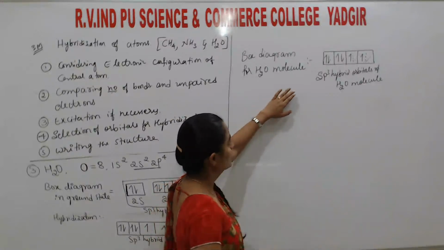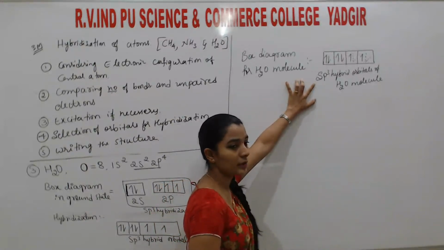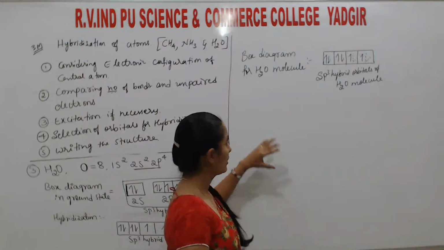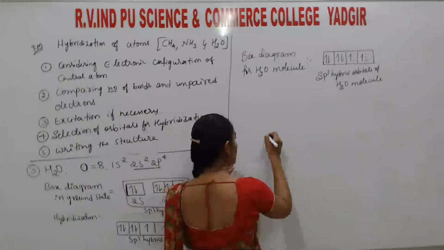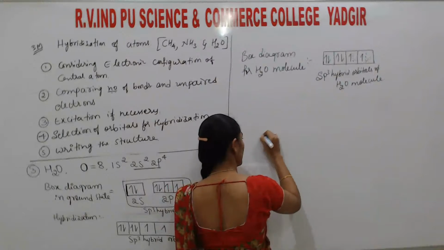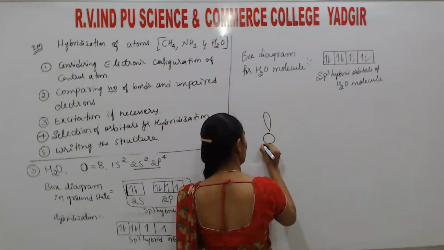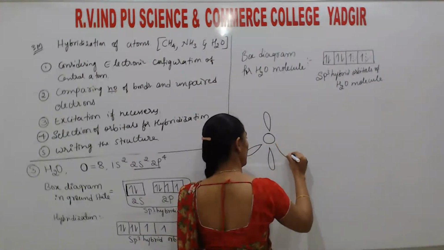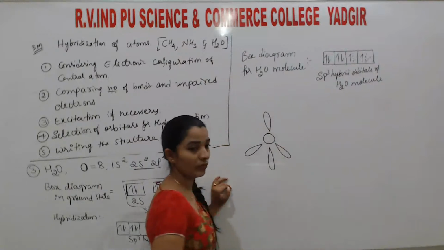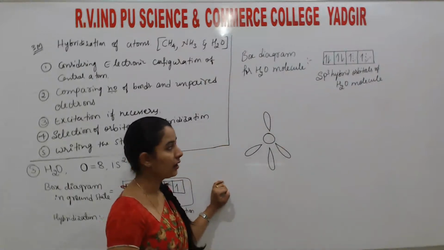Understand? Now, once we came to know it is sp3 hybridized, the next one is the structure. So consider oxygen here. No doubt it is sp3 hybridized, so 1, 2, 3, the orbitals are in a tetrahedral manner.